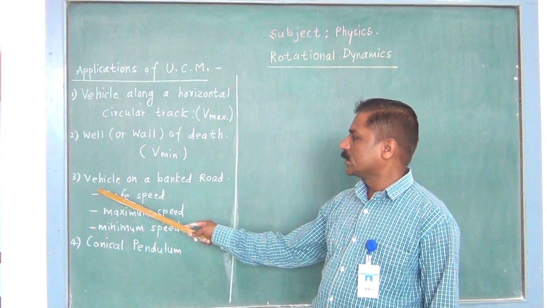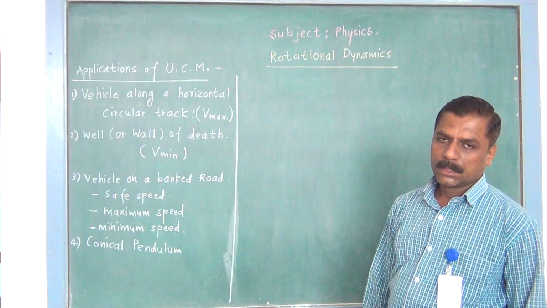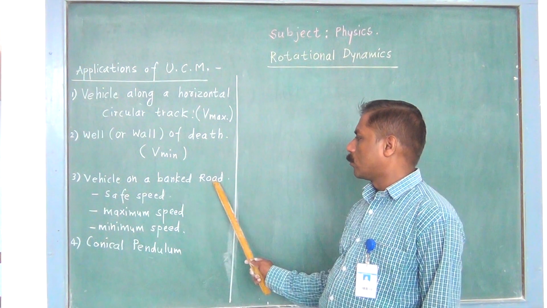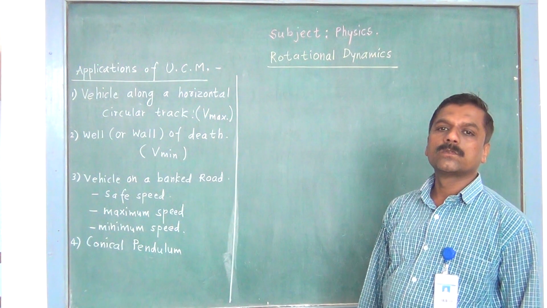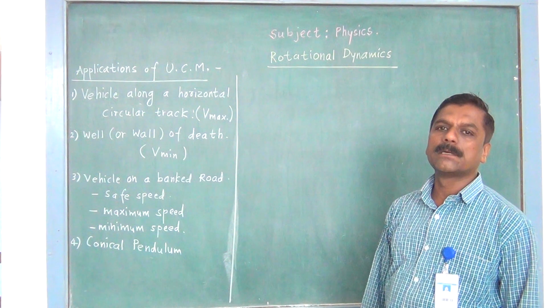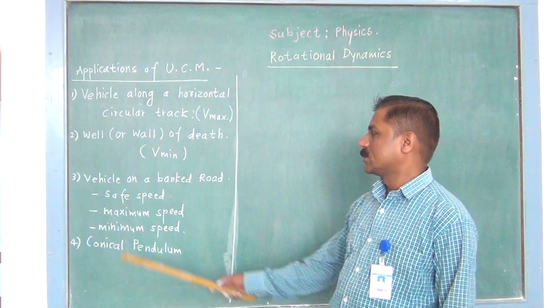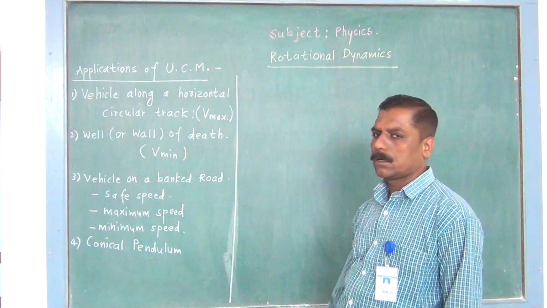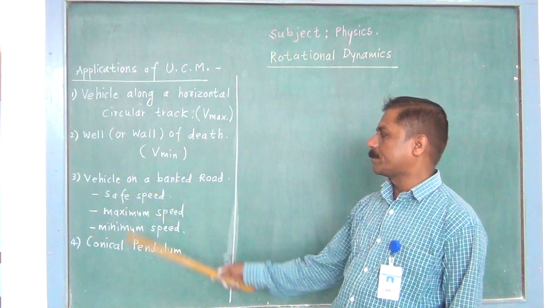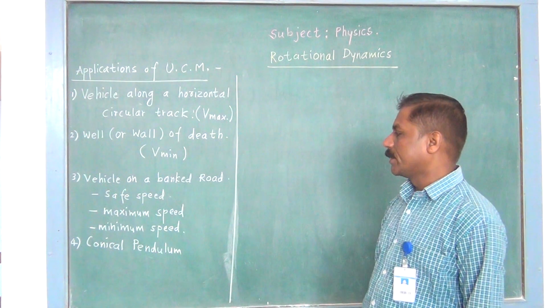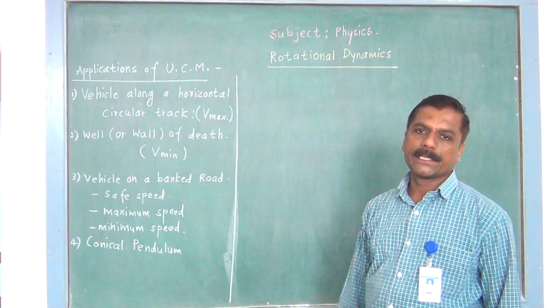The third application is a vehicle on a banked road. Now we know banking of road is the concept which is a remedy to move the vehicle with the maximum speed along a curved road. In this case, we want to find out the different speeds, that is the safe speed of the vehicle, maximum speed of the vehicle, and minimum speed of the vehicle.